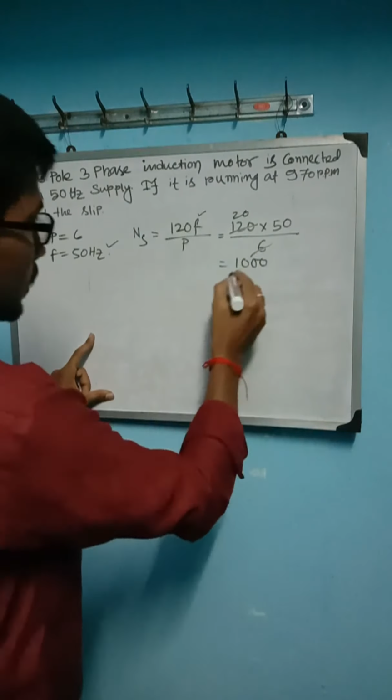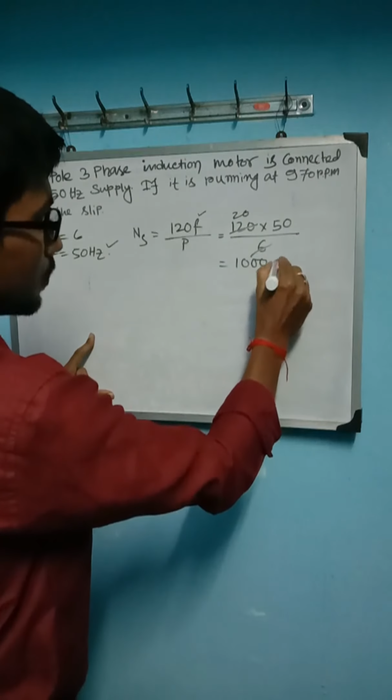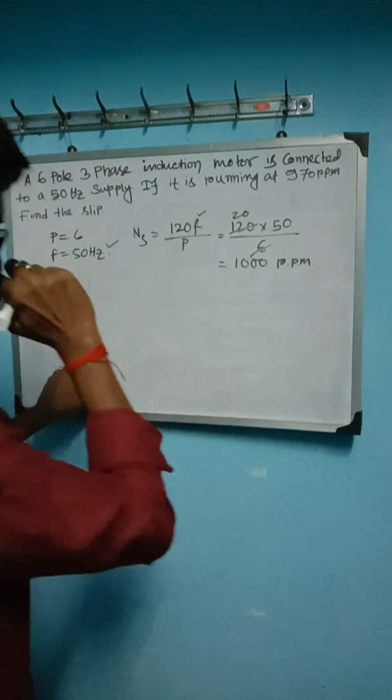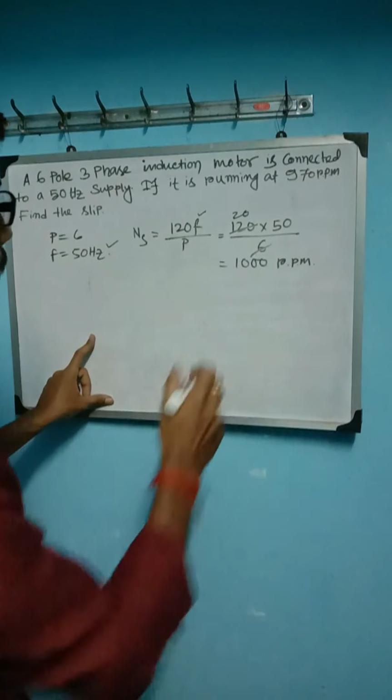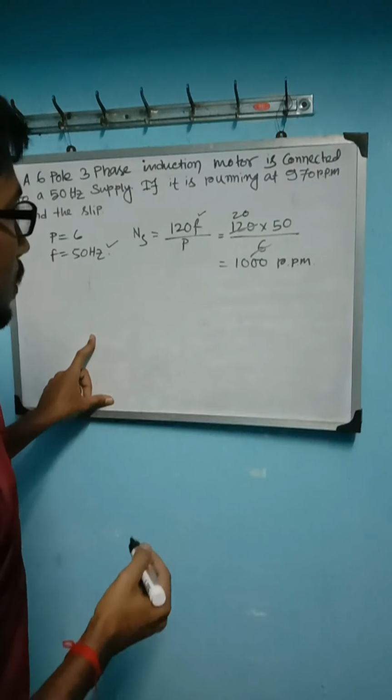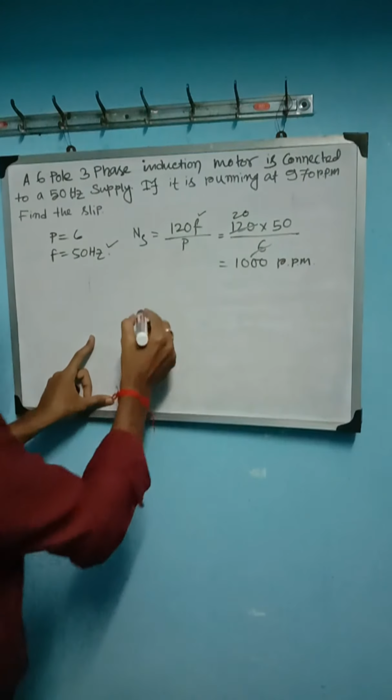So 1000 is the synchronous speed, 1000 RPM, and it is also given that 970 is the rotor speed, that is Nr.